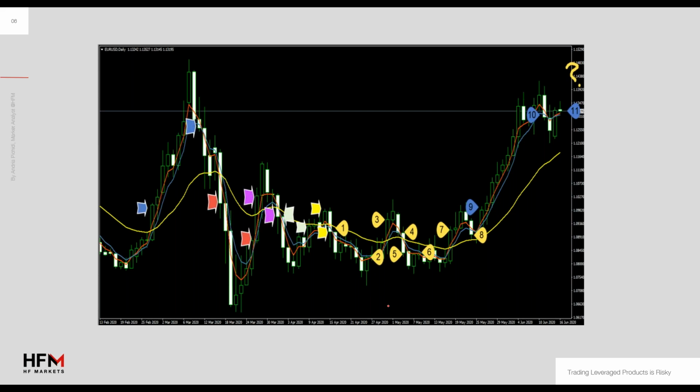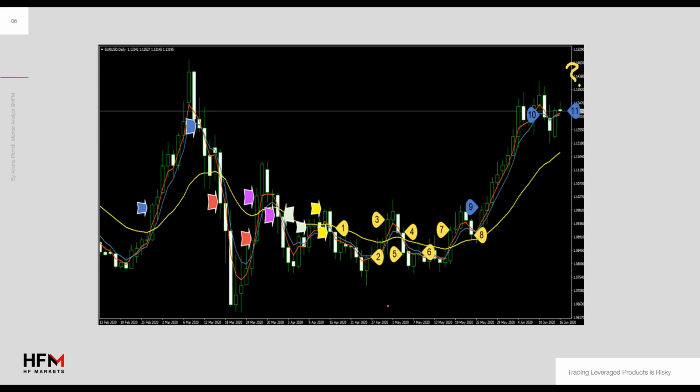Every single asset needs a different treatment. So we have the 3 exponential moving average in a red line, the 5 exponential moving average with a blue line, and the 21 exponential moving average in a yellow line.